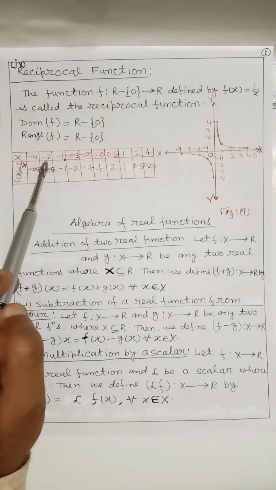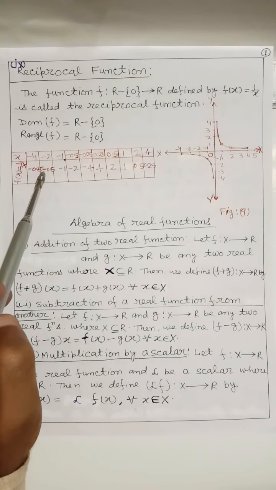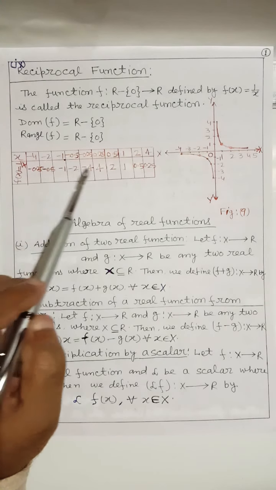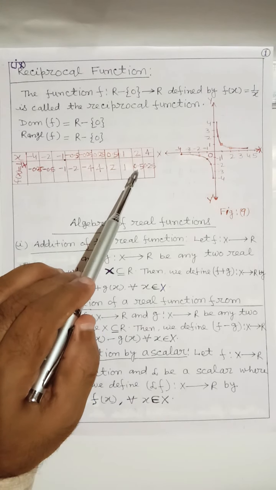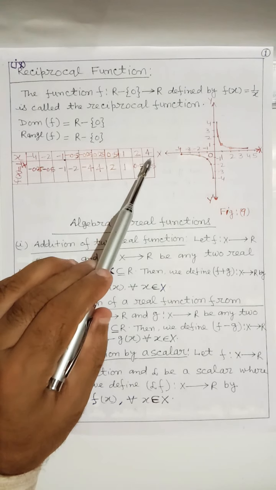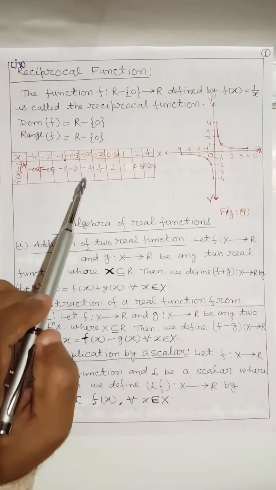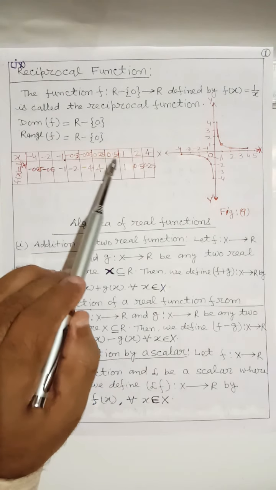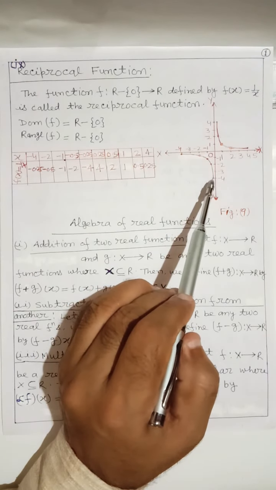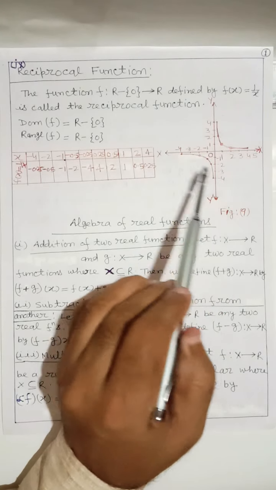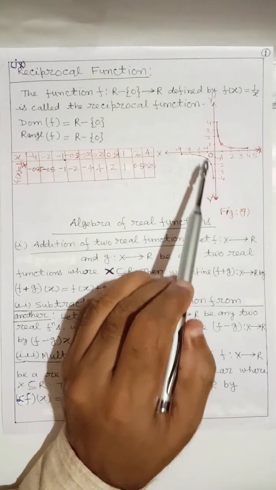As x equal to minus 2, f(x) equal to minus 0.5 and so on. If x is equal to 2, f(x) is equal to 0.5 and if x is equal to 4, f(x) is equal to 0.25. Dear students, using these values here, we draw the graph of the reciprocal function which we can see from figure 9.